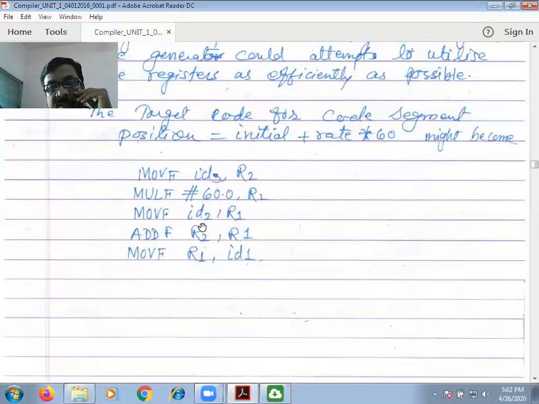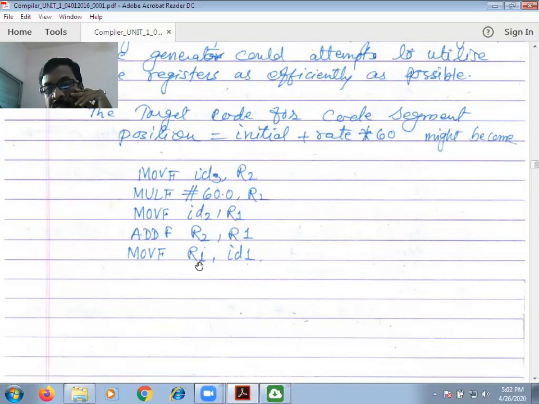And then next, the value of identifier 2 is moved to register R1. In the fourth line, addf will add the contents of R2 with the contents of R1 and store the result in the R1 register again.